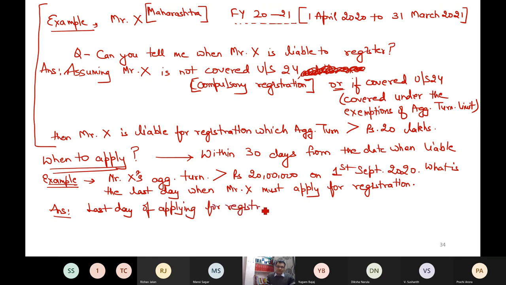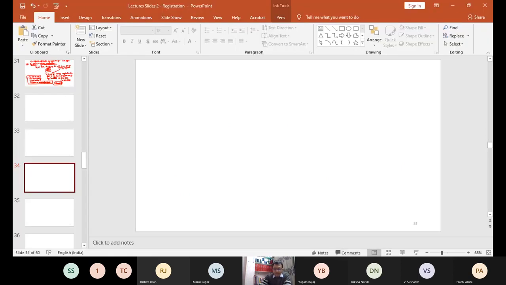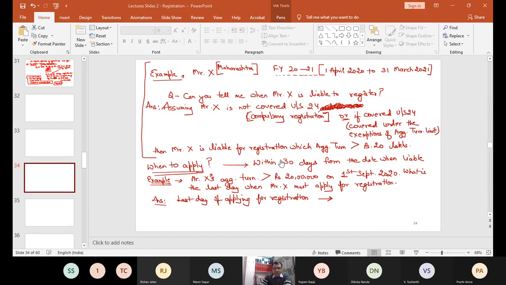I need the date. If on 1st September 2020 I achieved the turnover of 20 lakh rupees, then what is the last date? Anyone who can try to answer?